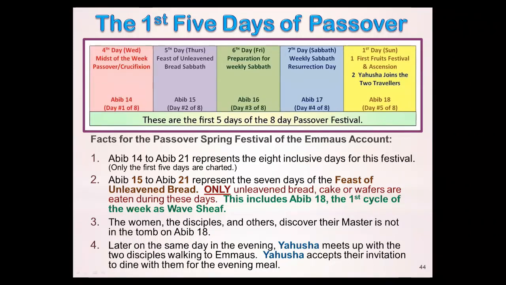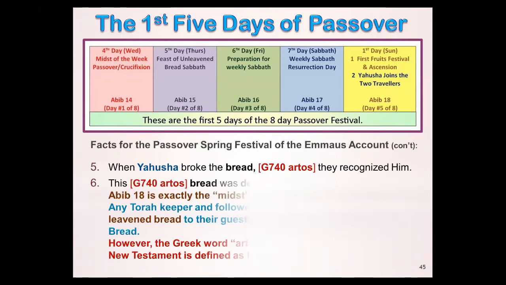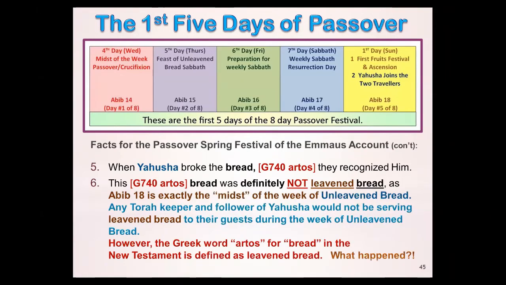When he sat down, it says that Yahusha broke bread, broke artos, and that was when they recognized him. This artos bread was definitely not leavened bread. As Abib 18, remember what I told you, it is exactly the middle day of the Unleavened Bread week.